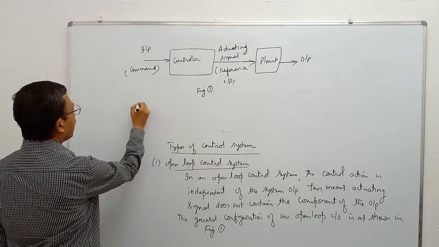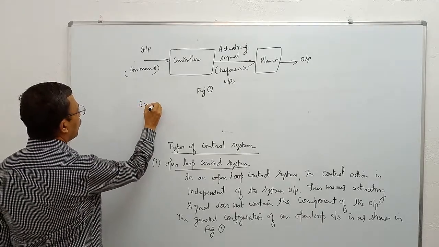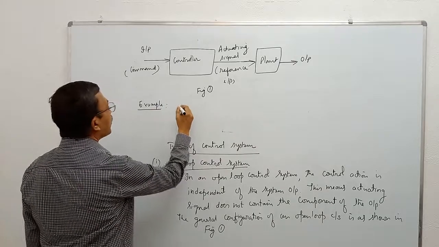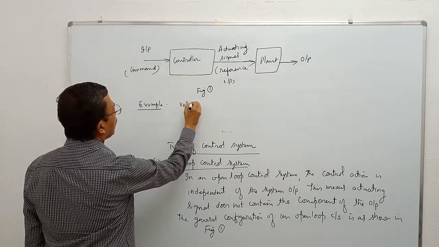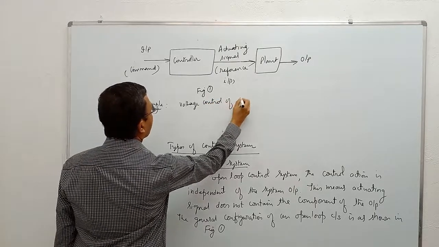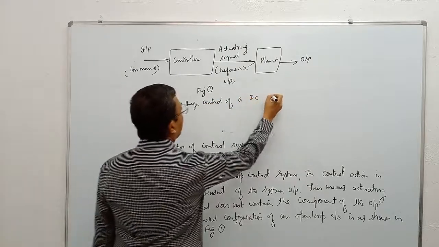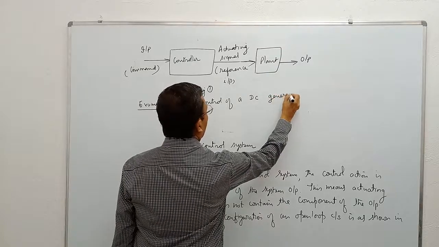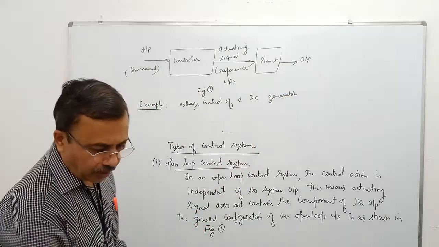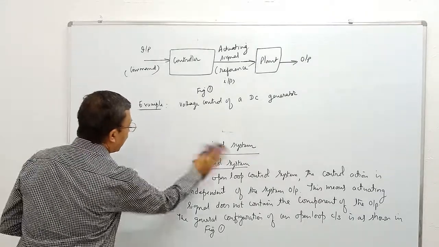Now let us take an example of an open loop control system. Example is voltage control of a DC generator. Let me put the circuit diagram first.